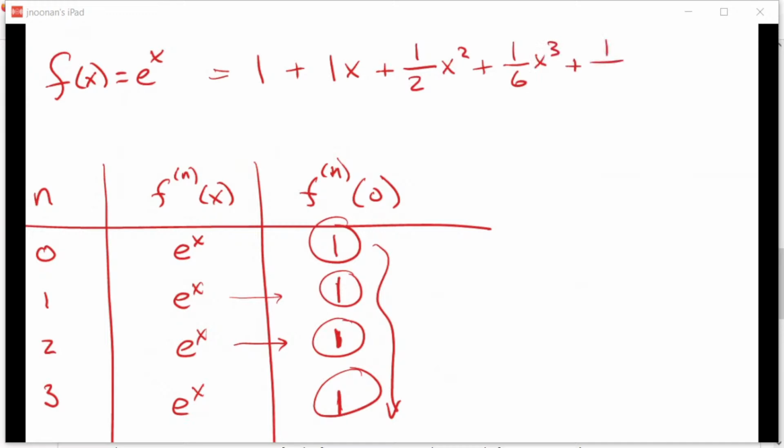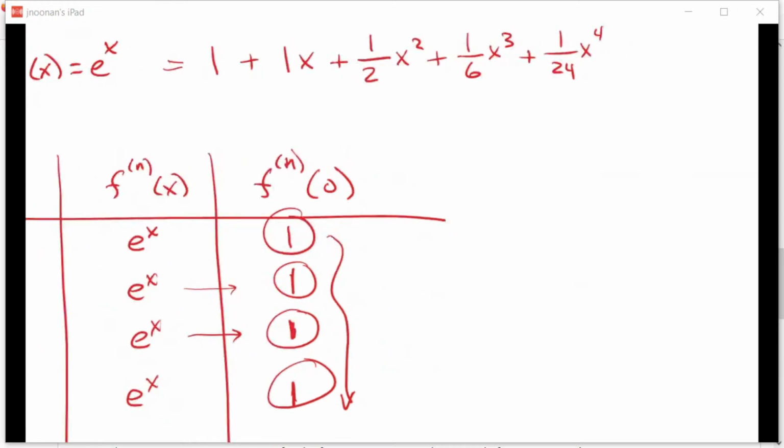Can you see the pattern here? I'll bet you can figure it out from here. Anyway, the total, if you wanted to write this as a summation, you would do this. 1 over n factorial x to the n. And that's e to the x.